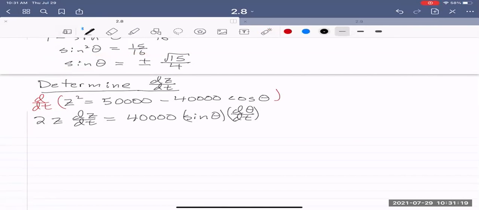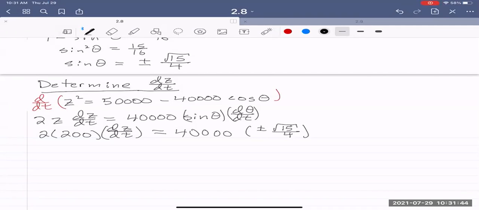So I have 2 times z, which was 200, dz/dt is equal to 40,000 times sine of theta, which is plus or minus root 15 over 4, times d theta/dt.